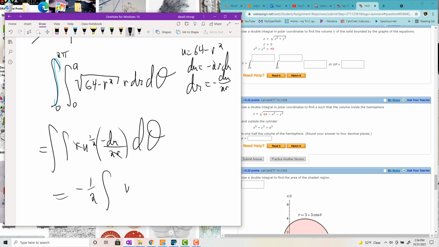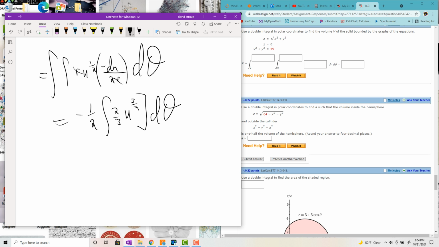But anyways, u to the 1/2 integrated is u to the 1/2 plus 2/2, which is 3/2, times then 2/3. We have to remind ourselves to evaluate d theta. We're going from 0 to a, by the way. That'd be negative 1/3 integral of 64 minus r squared to the 3/2 from 0 to a d theta.